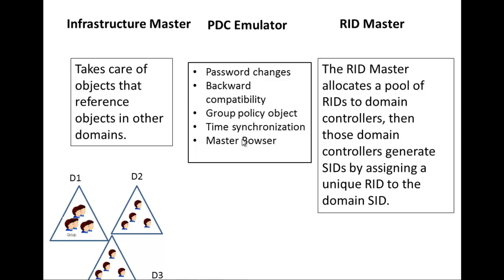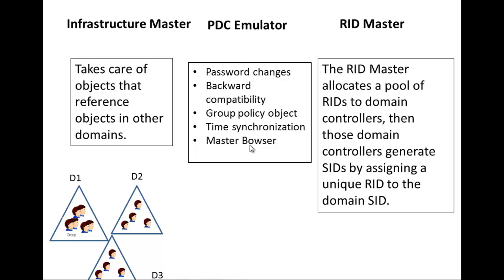The PDC emulator also acts as a master browser, meaning it acts as a domain master browser for the domain. So when clients browse the Windows network, they're going to see a list of computers, domains, and servers that will appear. The PDC emulator takes care of that. The PDC emulator is the master browser.